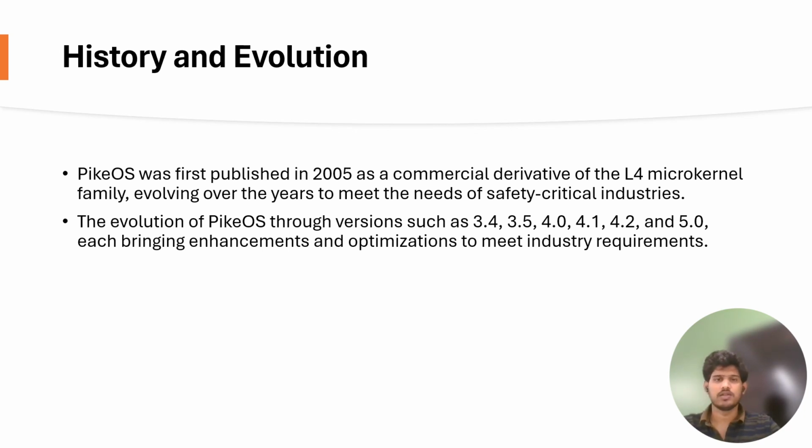These versions were released by improving and optimizing to meet the needs of industry requirements like safety protocols and also for medical devices. So there was an evolution, and they made improvements so that it can meet the industry needs.